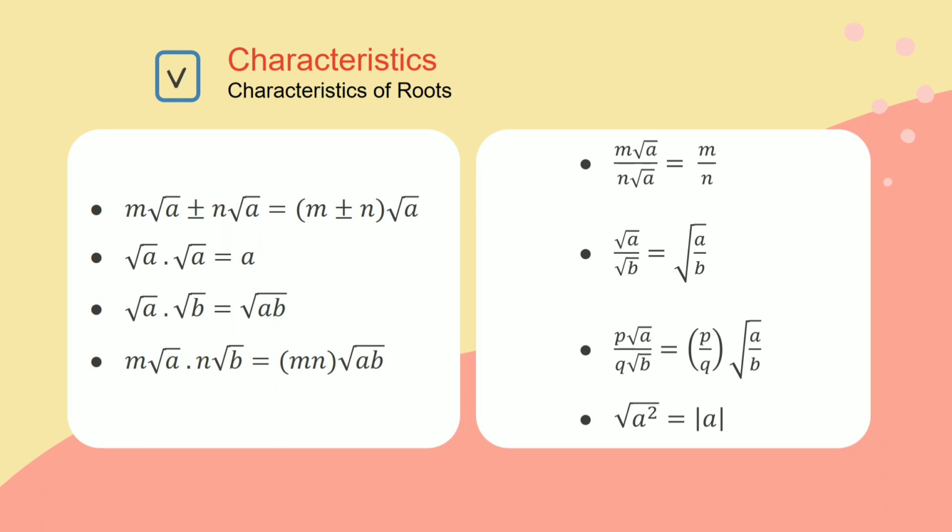And then we have m times the square root of a over n times the square root of a is equal to m over n.